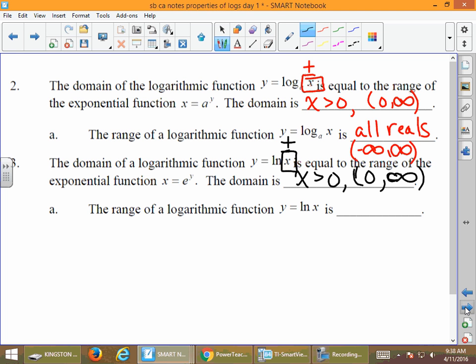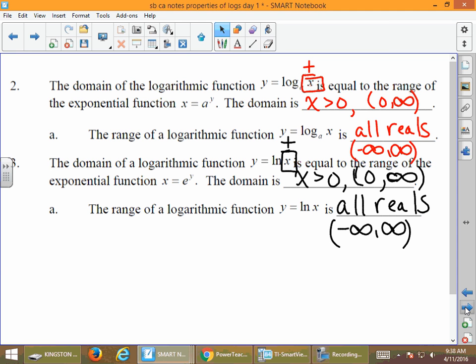And our range there is also all reals, which is negative infinity to infinity. The argument, the thing beside the words ln or log, must be positive in our domain.